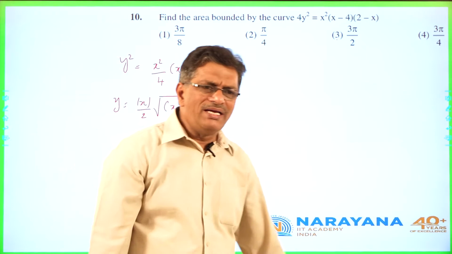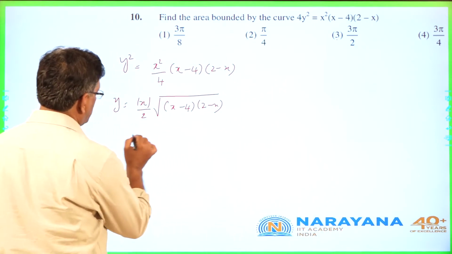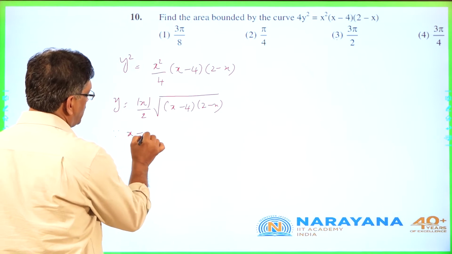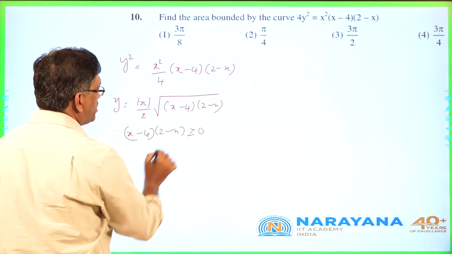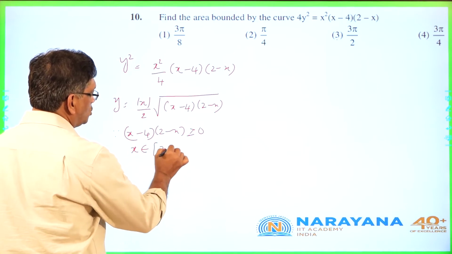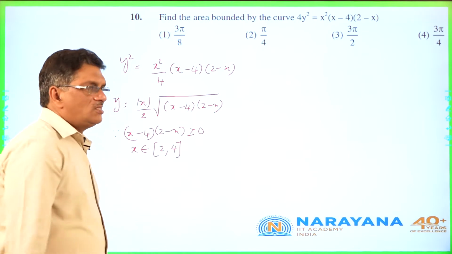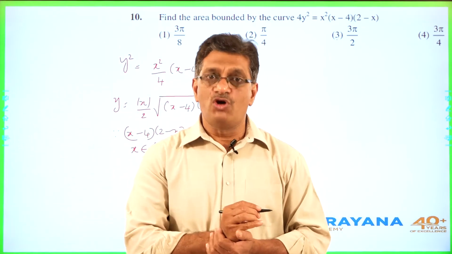You can do it using two different ways. One of the ways is like this. Since (x minus 4) into (2 minus x) must be greater than or equal to 0, x belongs to 2 to 4. So, the region where you have to integrate is there in the problem in the form of domain, right?